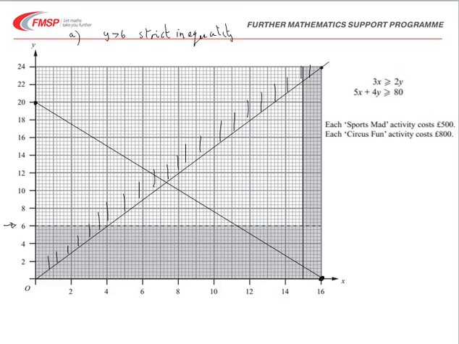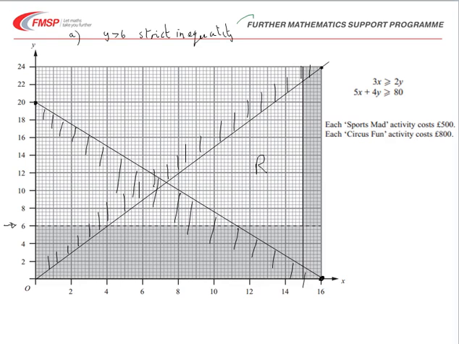So I've put that line onto the graph, and this time we want to keep the area which is above that line, so we're going to shade out below the line. So all of this area here would be shaded out, and that leaves us with the feasible region in the center bit here, so we're asked to label that R.